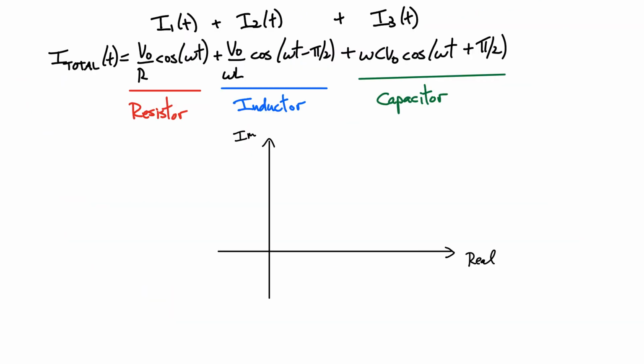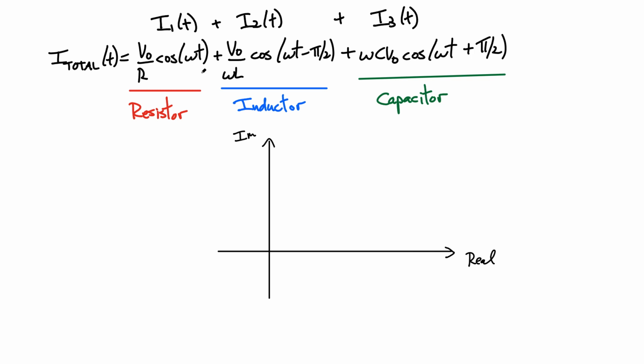Okay, so this is kind of how, at least I would do it, I think. Again, I look at the current here. I'm drawing current now in the complex plane. Anything real has to do with resistors. The contributions from the reactive components like the inductor and capacitor get plotted on the vertical axis, which is the imaginary component, or something that is out of phase by 90 degrees gets plotted on the y-axis over here.